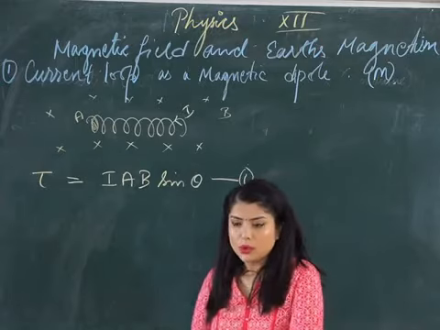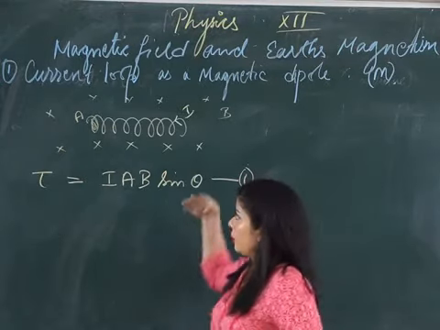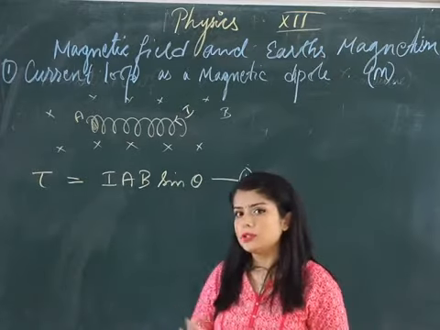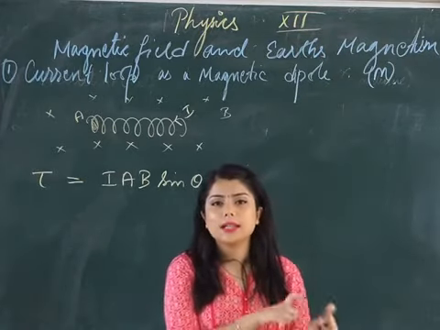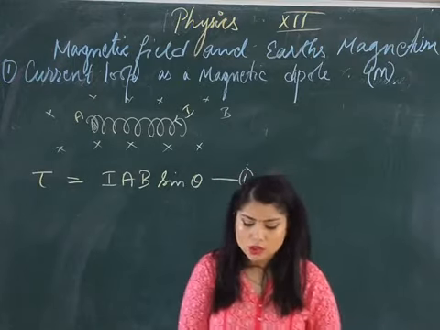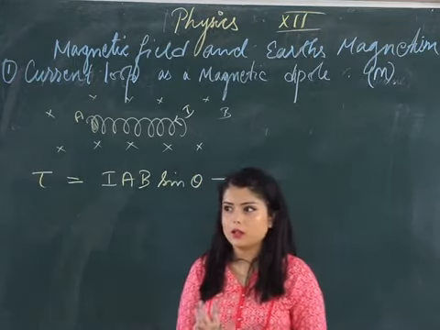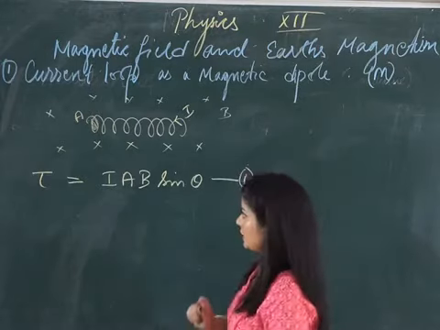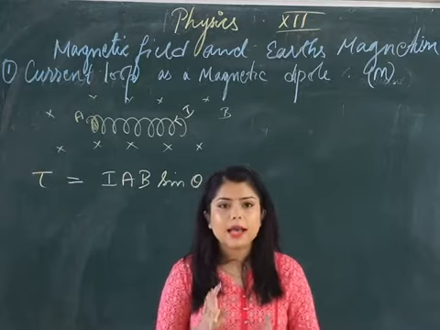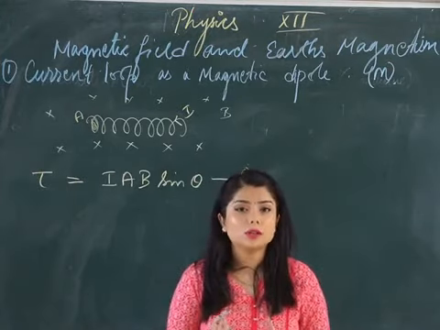Now, we cannot derive the equation of magnetic dipole moment from this one directly. So what we will do is we'll relate that to the equation of electric dipole moment. Similarly, in the second or third chapter we studied that when a dipole is kept in an electric field, that also experiences a torque.